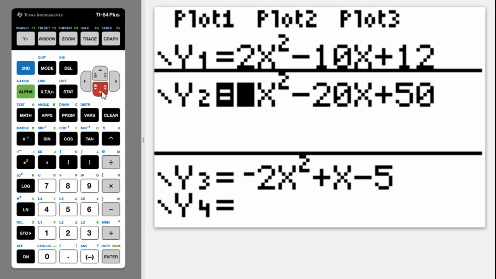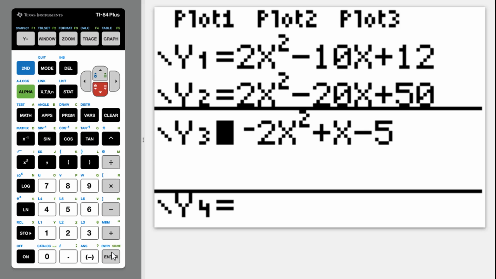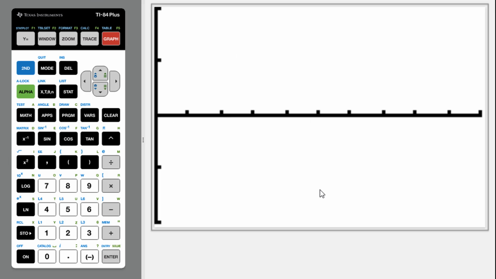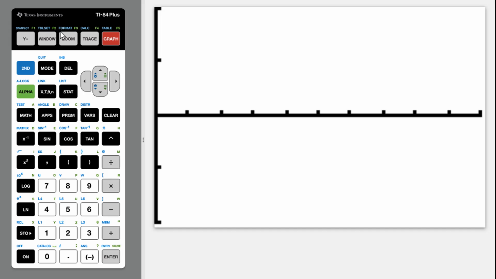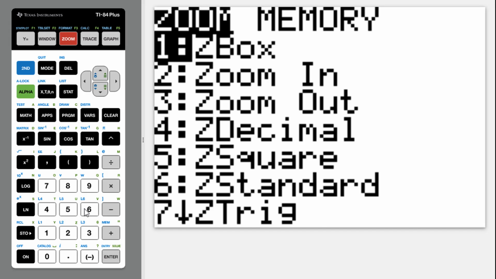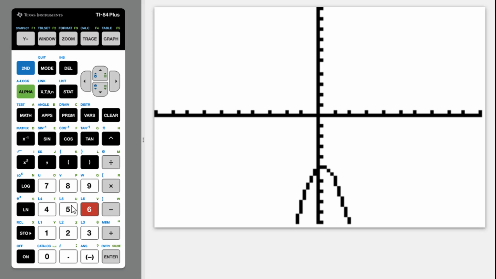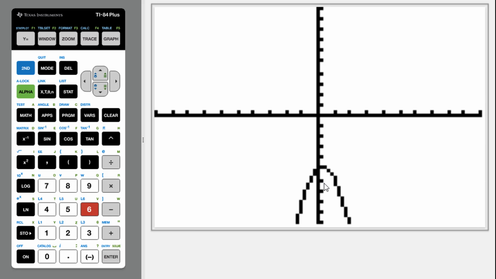Y3. We will unhighlight this equals sign for Y2. Then Y3, enter. Go to graph. Remember, go to zoom 6 to get a standard window.